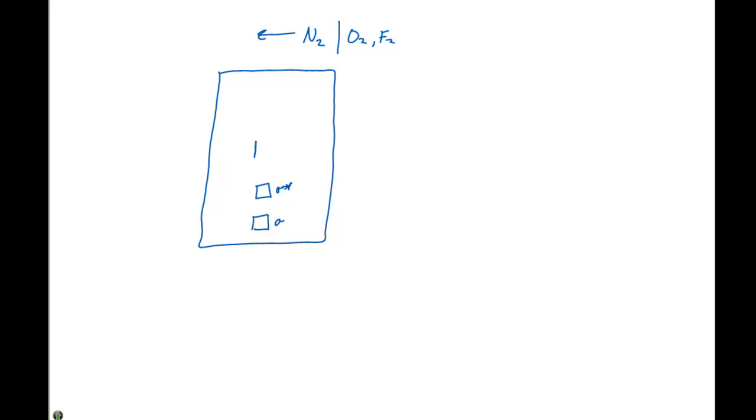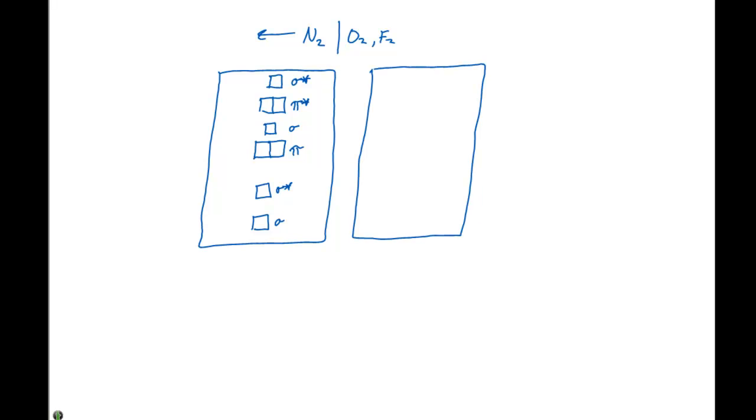Then we're going to have orbital energies that look like this, where we have another sigma down here, a sigma star, a pi, and a pi star for these energies of the nitrogen and everything to the left in the second period.